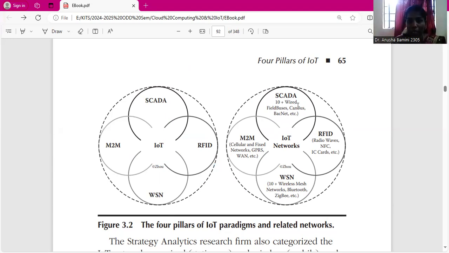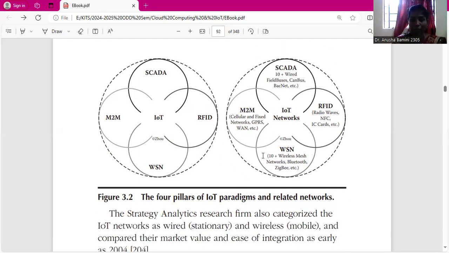It may support 10 plus wired field bus, CAN bus, etc. Then RFID: radio waves, NFC, then ID cards. Then wireless sensor network connects to 10 plus wireless mesh network, Bluetooth, Zigbee. Then M2M: cellular as well as fixed network and GPRS, then WAN network, etc. So these are the different pictures which show the four pillars as well as the networks supported for them.